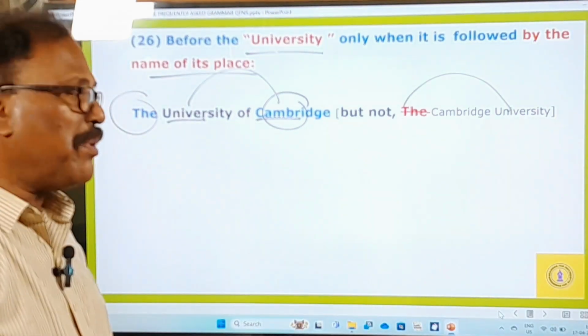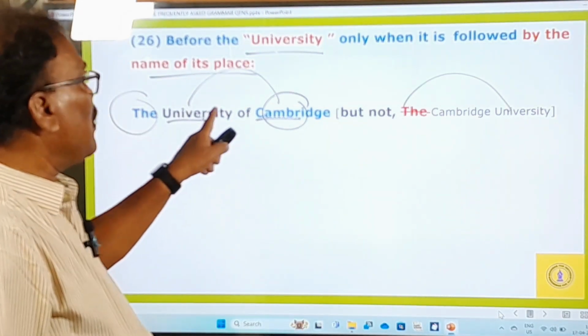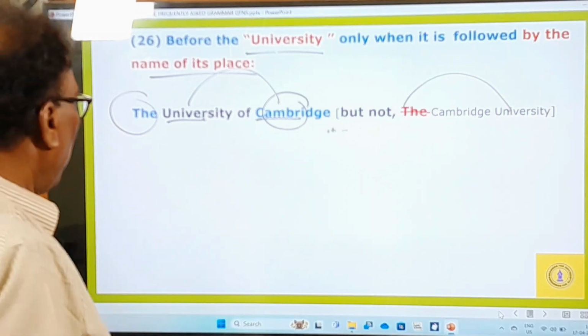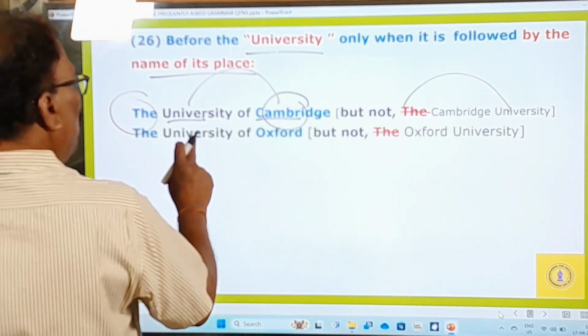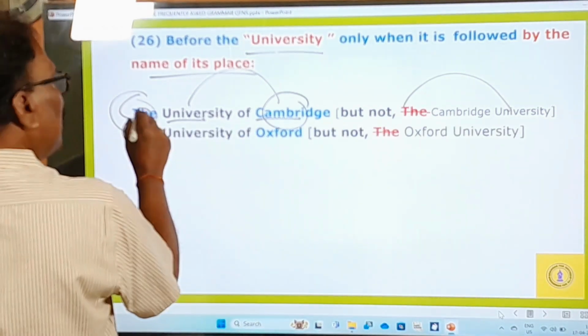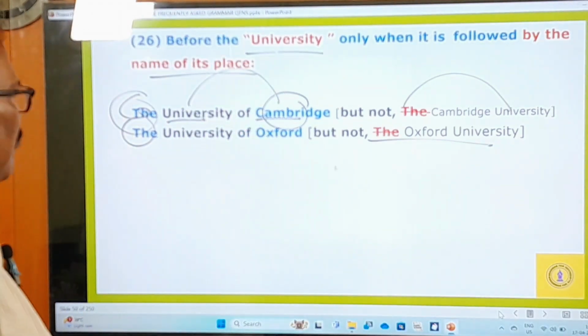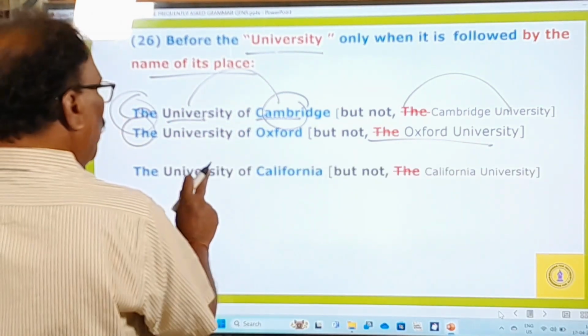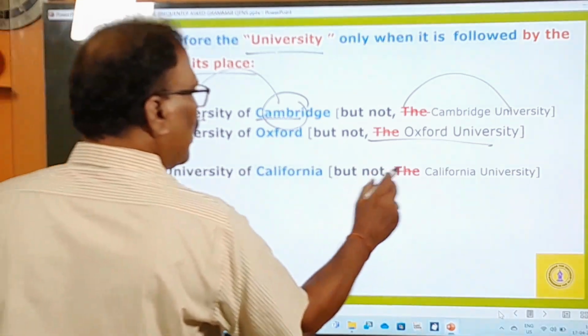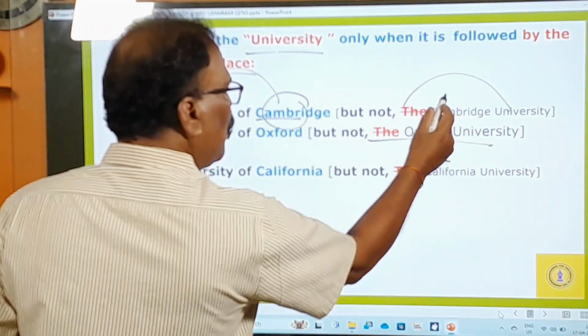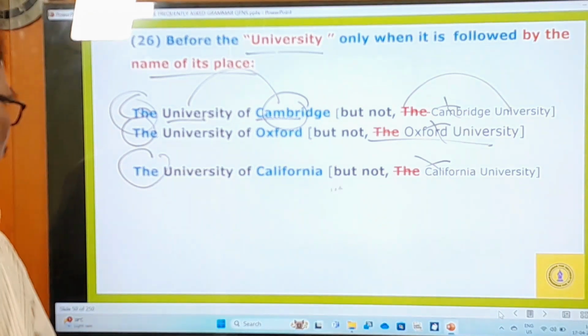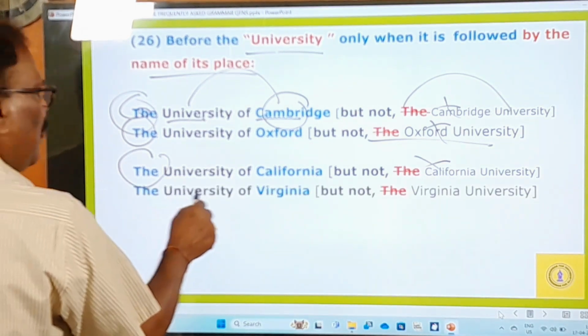You say the University of Cambridge. Similarly, the University of Oxford. You cannot say the Oxford University. The University of California. The California University, no, no, no. The University of Virginia.